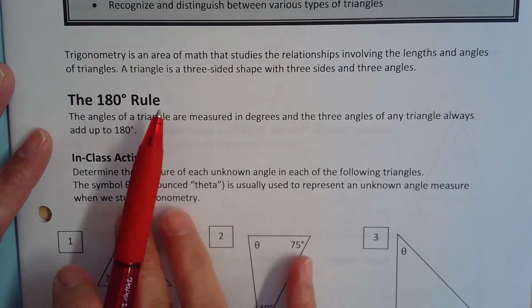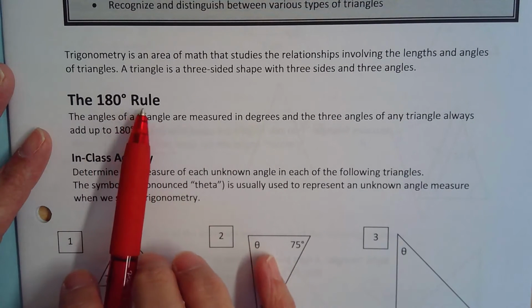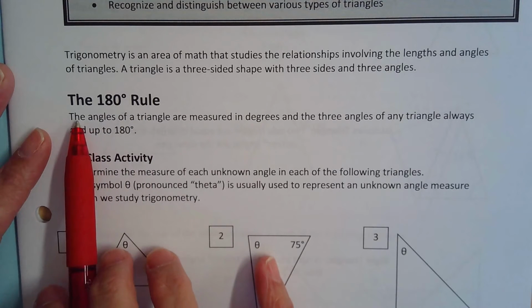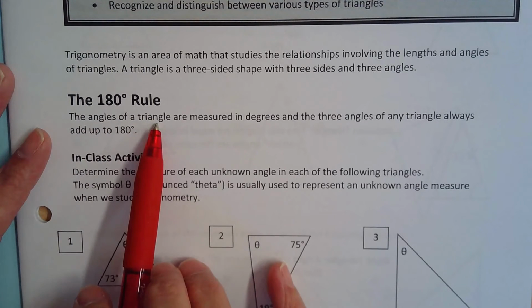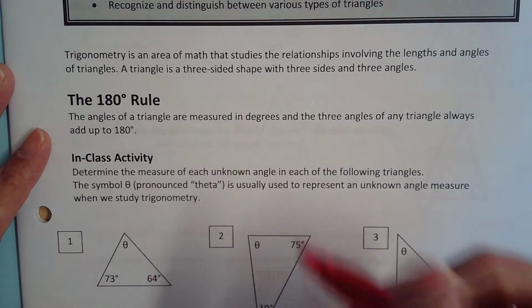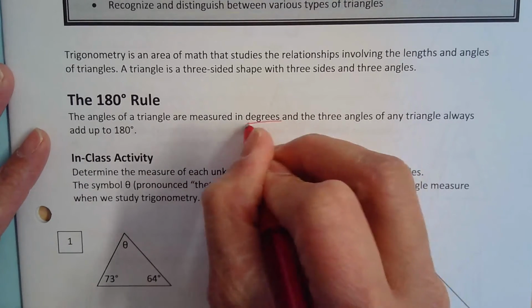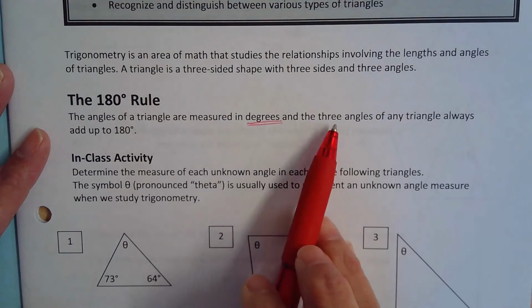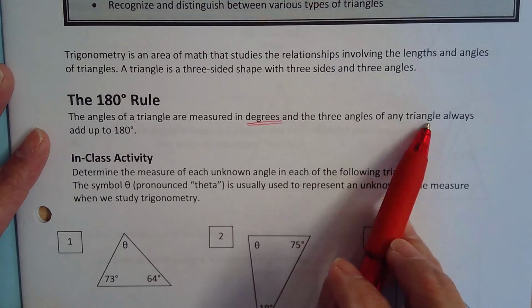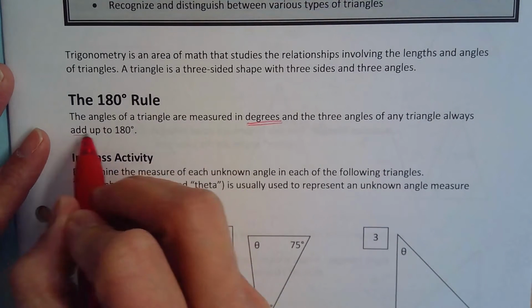So now let's introduce the 180 rule. What is the 180 rule? The angles of a triangle are measured in degrees. Okay, we know that. And the three angles of any triangle always add up to 180.